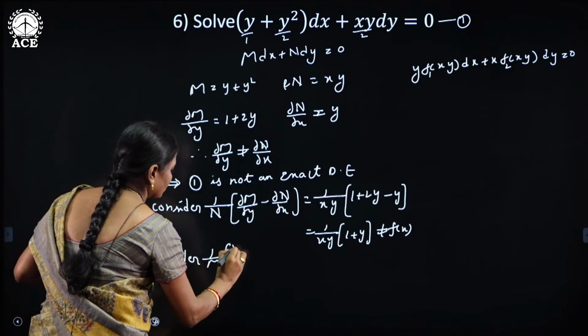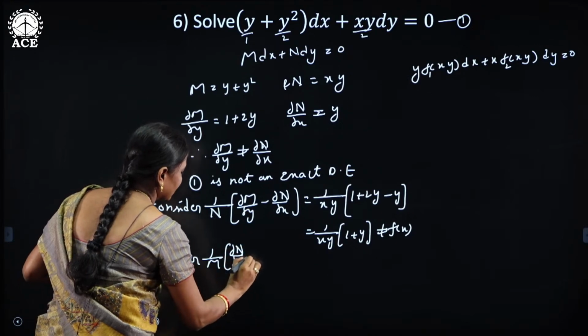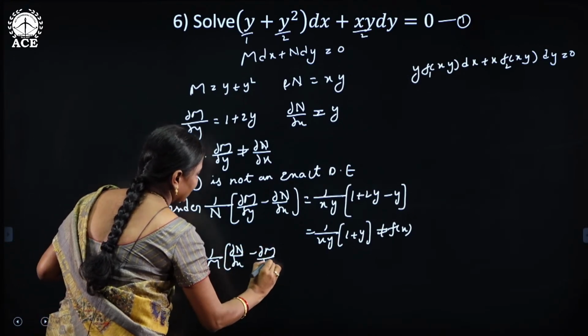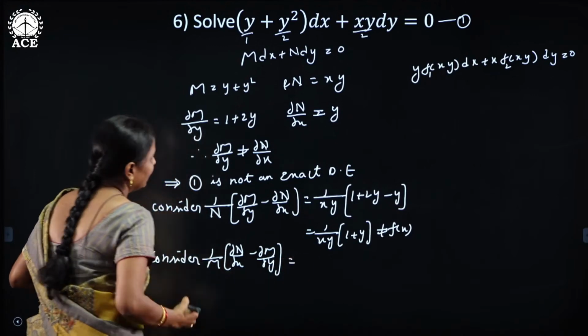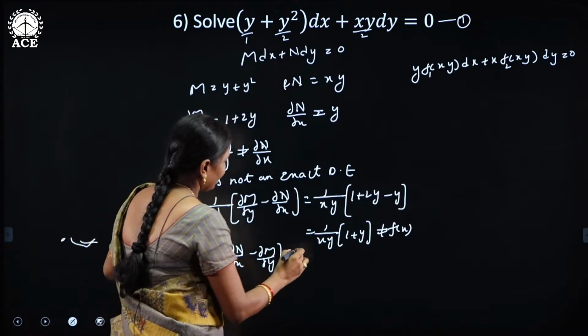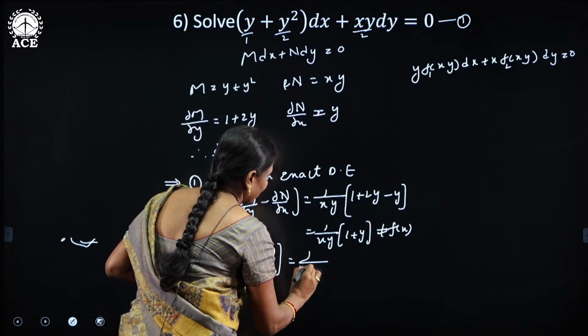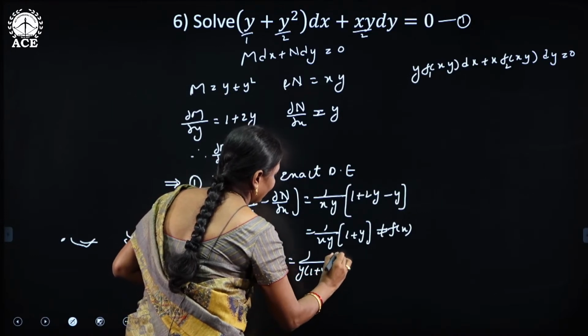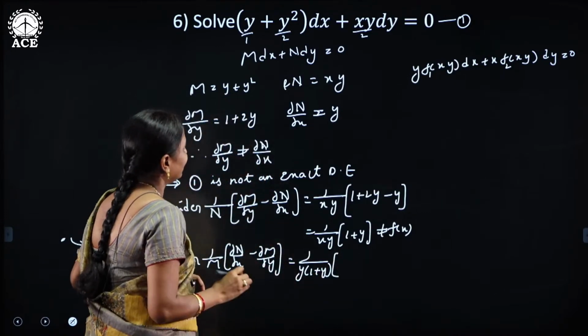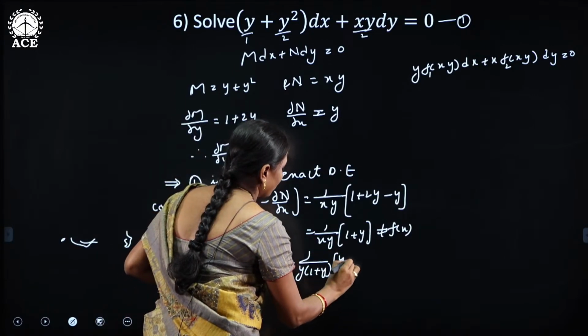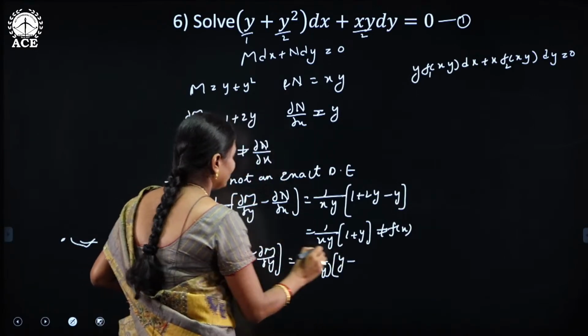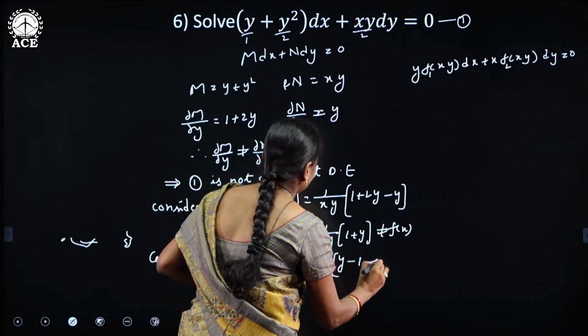Case 2: 1 by M into (∂N/∂x minus ∂M/∂y). What is M? If we take y common, M is y into (1 plus y). ∂N/∂x is y minus ∂M/∂y, which is 1 plus 2y.